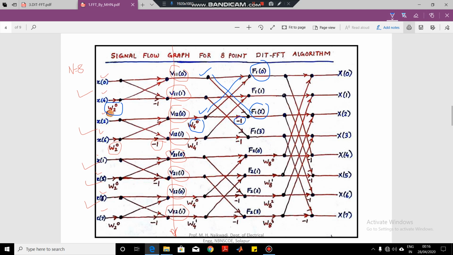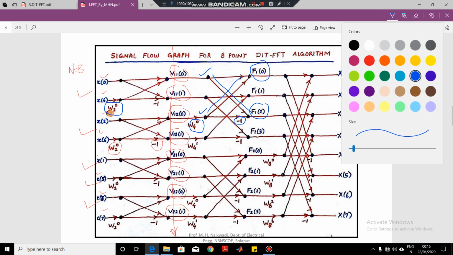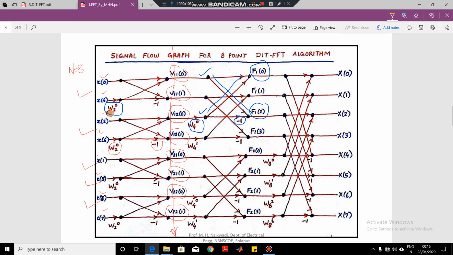Similarly, if we combine the second output of the first butterfly and the second output of the second butterfly, you will get the outputs F1 of 1 and F1 of 3. This process will repeat here also.